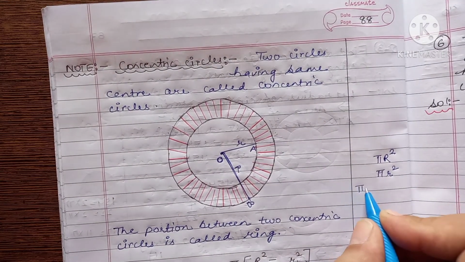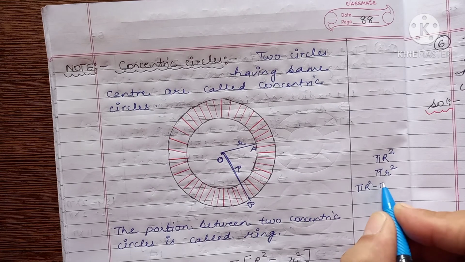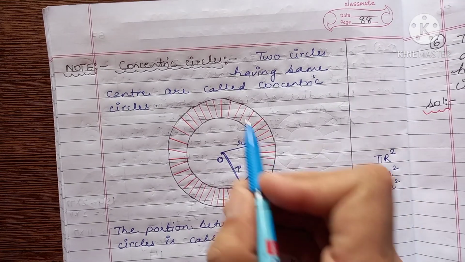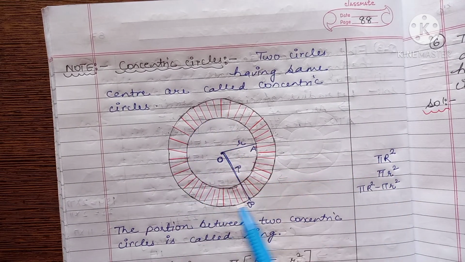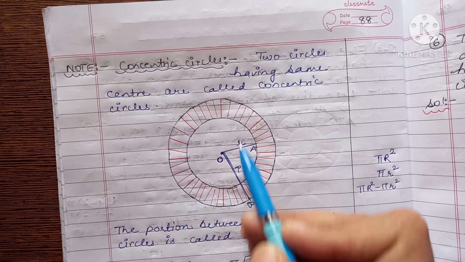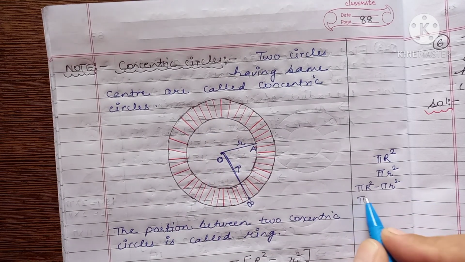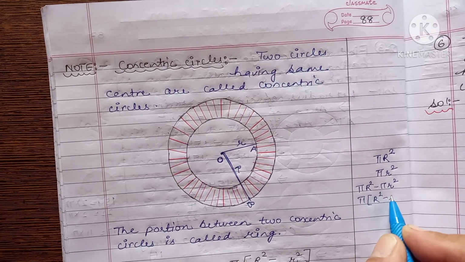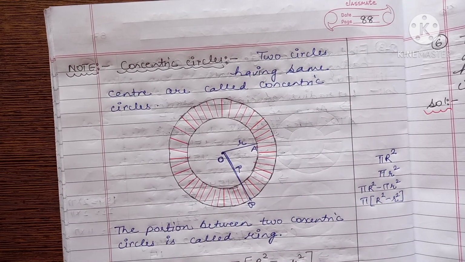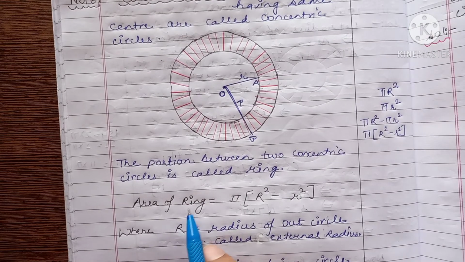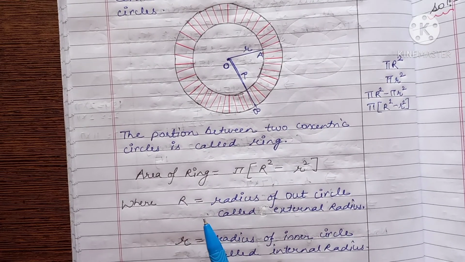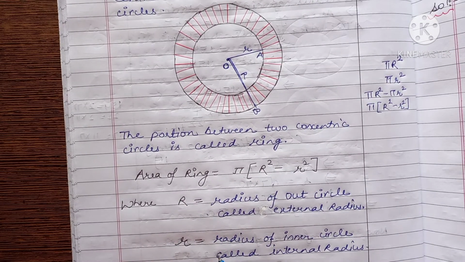If we subtract the area of the smaller circle from the area of the bigger circle, we obtain the area of the ring, the red shaded portion, and we can take pi common. So it can be written as pi into R square minus r square. Therefore the area of the ring, where external radius is capital R and internal radius is r, is given by pi into R square minus r square.